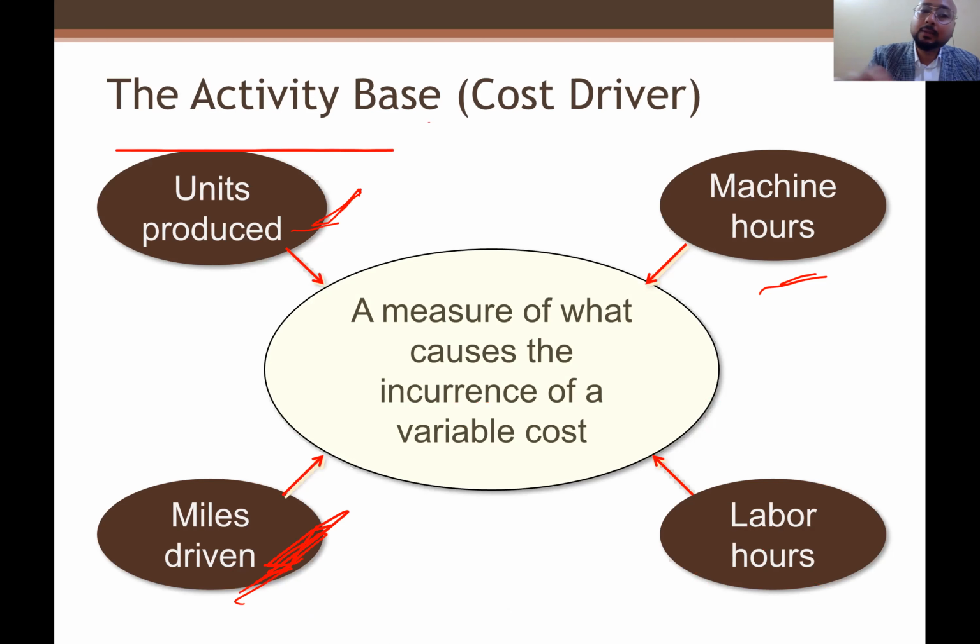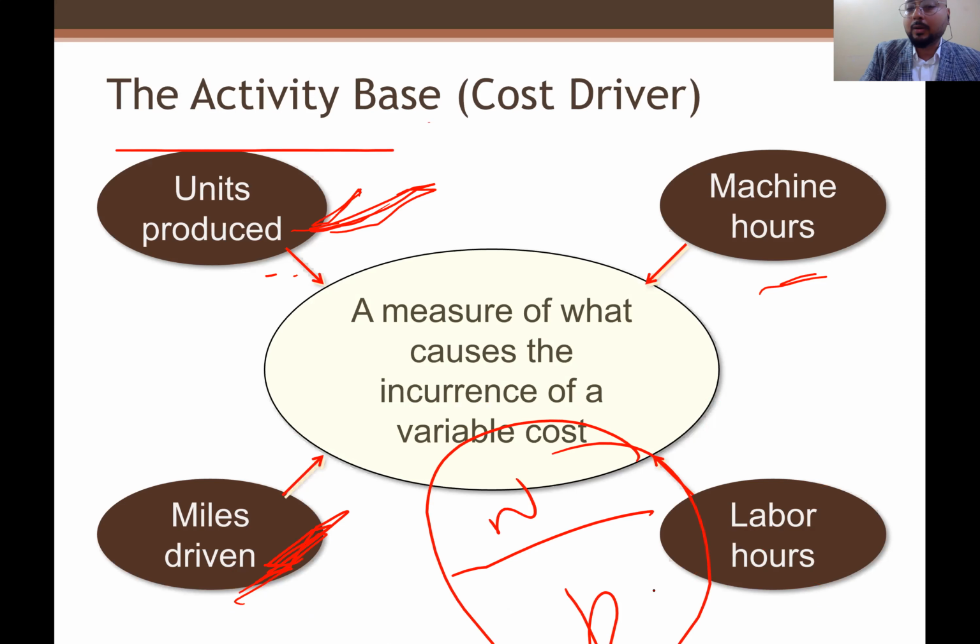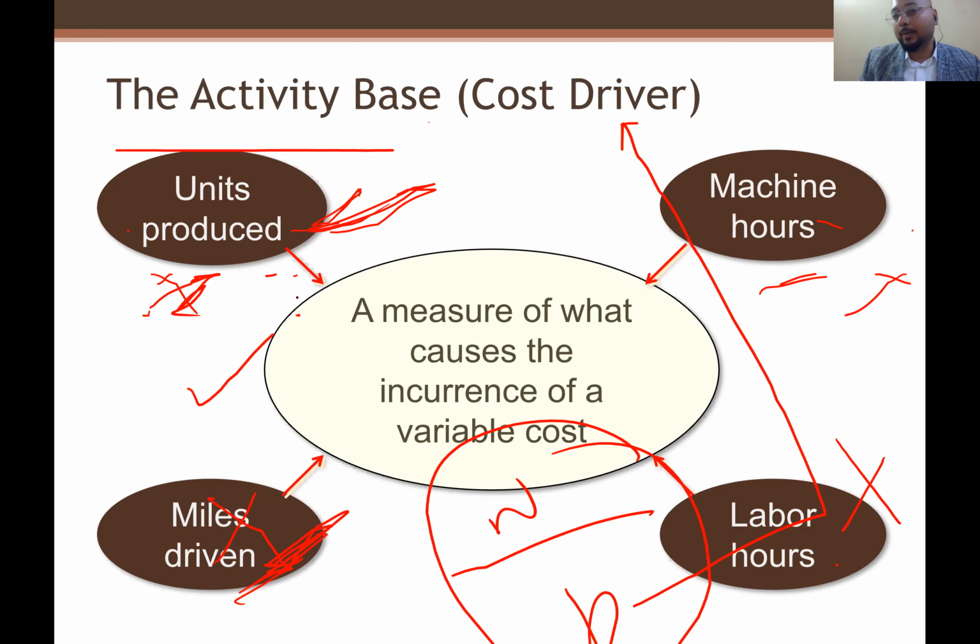So in that case, who is driving the variable cost? Units produced. So this denominator, we call this the cost driver. Who is driving this cost? All other cost denominators or drivers are irrelevant, right?